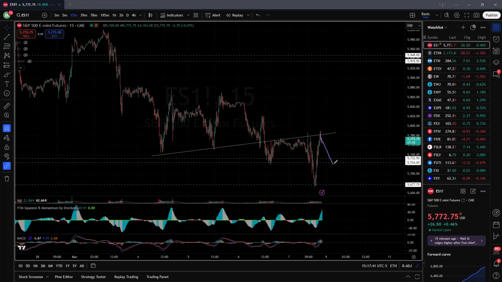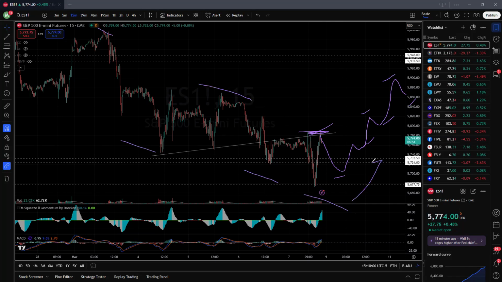Maybe we go down, make a low, come up, make another low that's a higher low, and then take out the previous high, and then start to make a series of higher lows and higher highs, right? Kind of like what we're seeing right now. These are all lower highs and lower lows. We want to see it in reverse. Start making higher lows against previous lows.